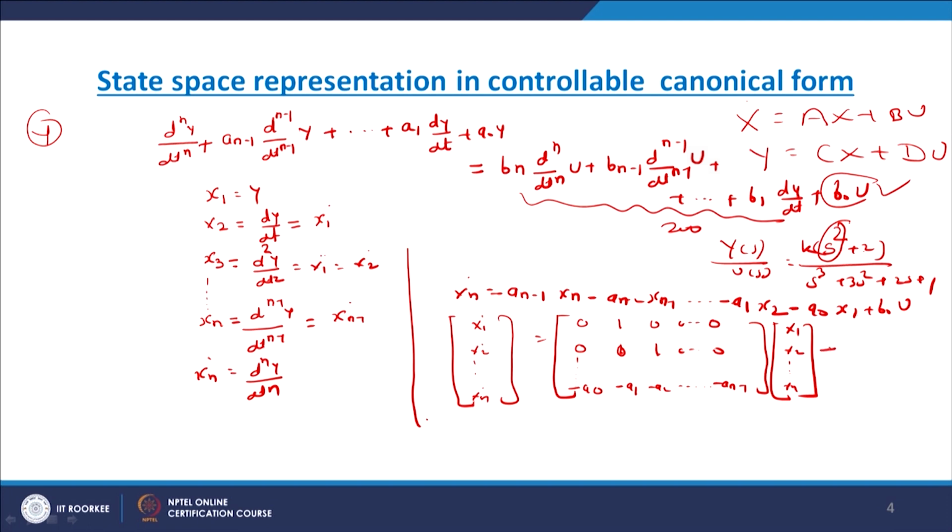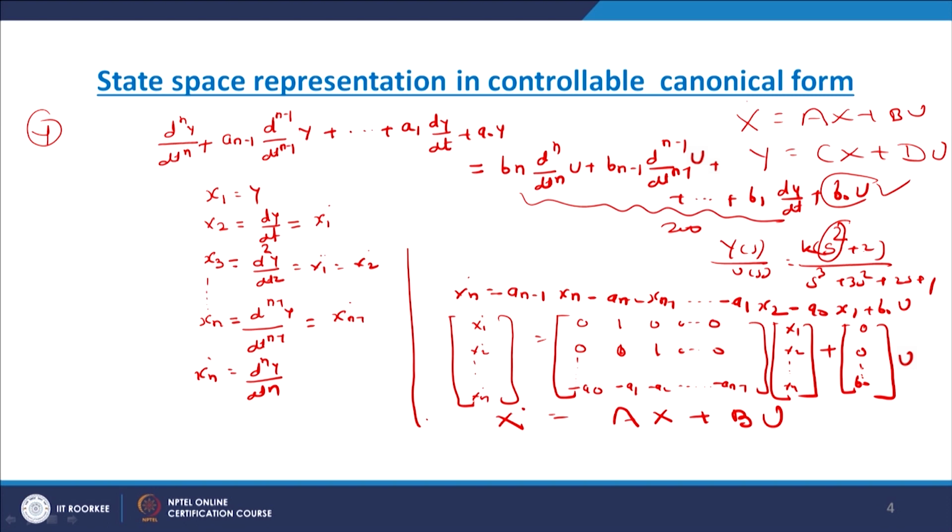Plus we write 0 0, and particularly for xn dot we get b0 into u. So, this is x dot equals ax plus bu, and b is this one. So, now the state equation we have determined.